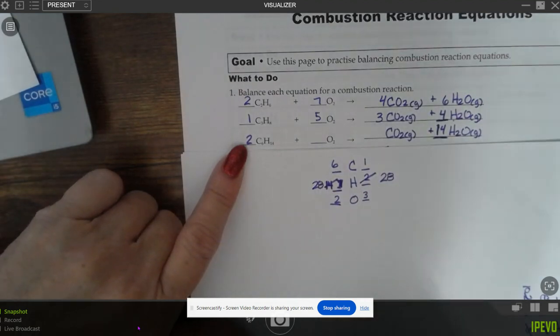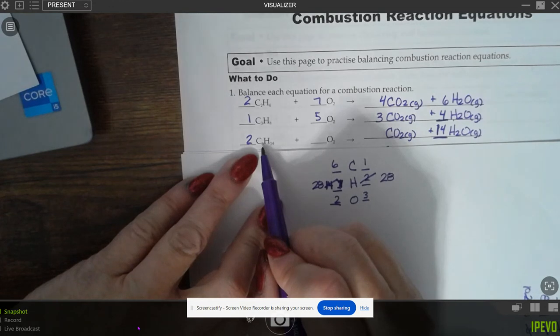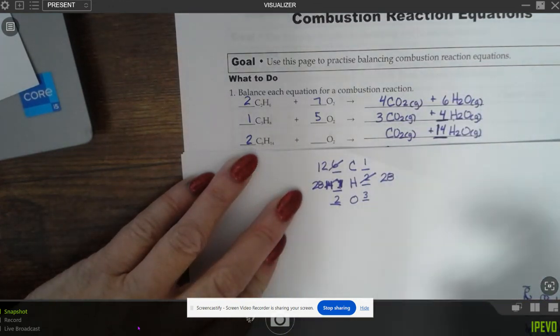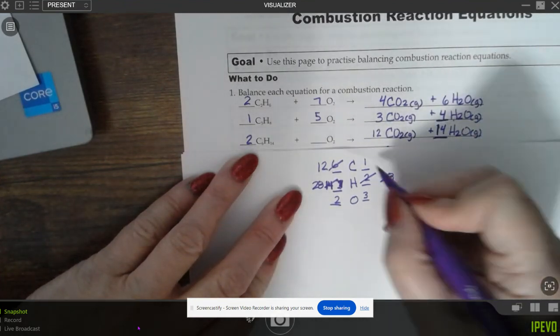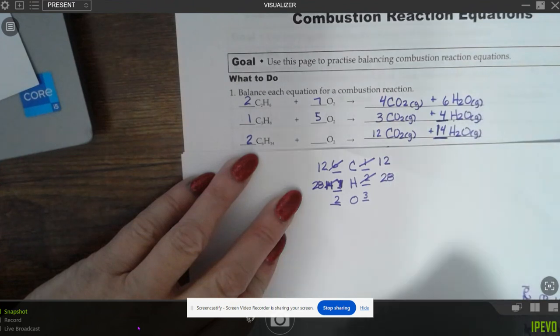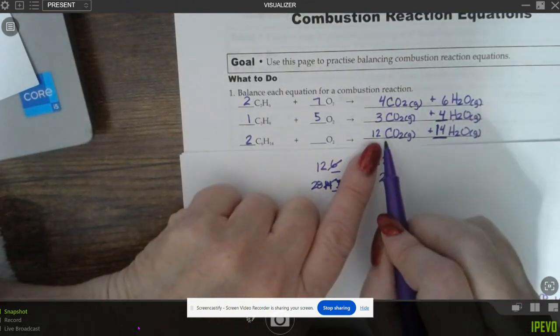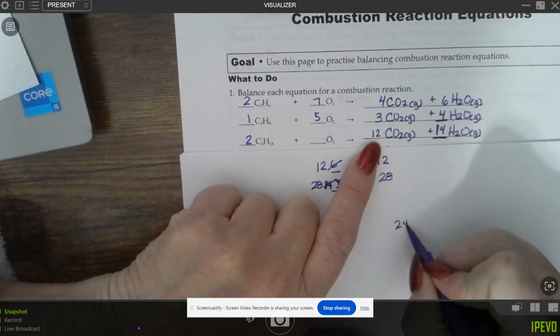All right. So now let's balance my carbon. So I have 2 times 6 is 12 carbon here, which means I need 12 CO2s. That gives me 12 carbon. So my carbon and my hydrogen are both balanced. Now we've got to do the oxygen. So 12 times 2 is 24.